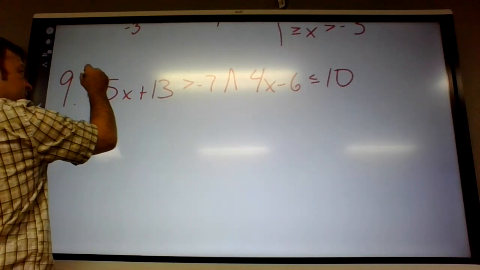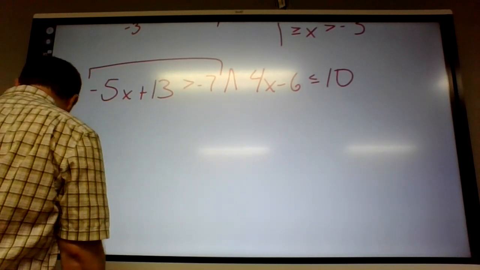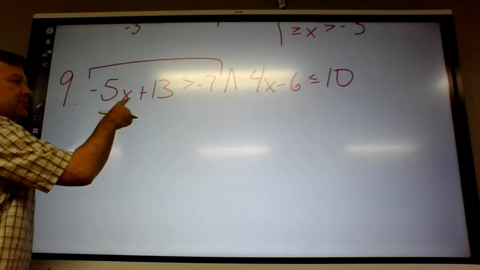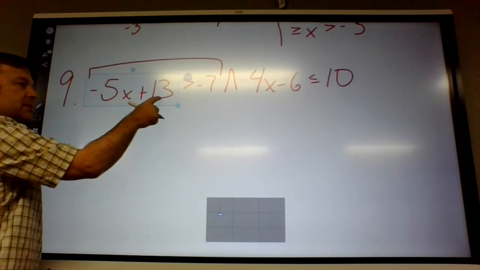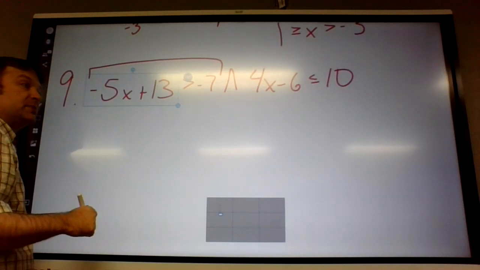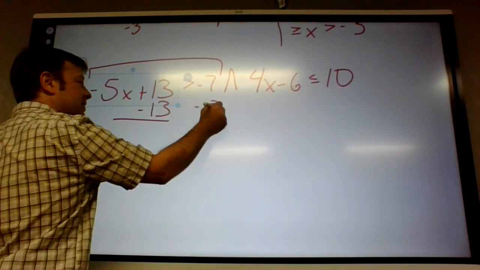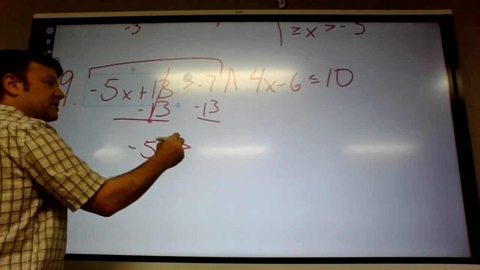Isabel, what would I do to solve this one? Just from here. Trying to get x by itself, so what do I do about the plus 13? Minus. Okay, take away 13, that goes away. Negative 5x. You guys know this one?